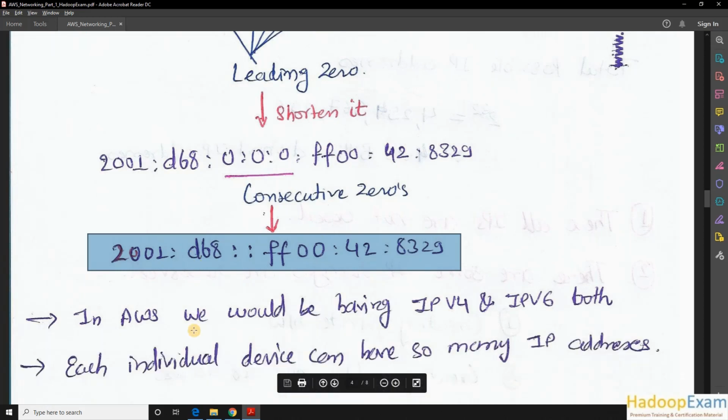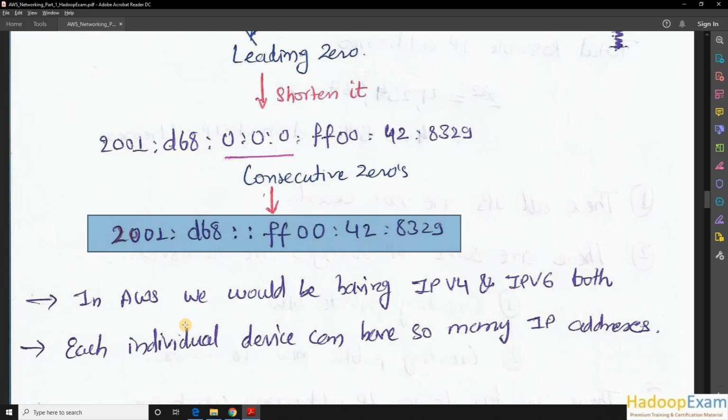In AWS we would be having both IPv4 and IPv6. Most of the time you may not deal with IPv6, but there are options available to use both IPv4 and IPv6. We would be using IPv6 in many places during the training as well. Each individual device can have so many IP addresses.